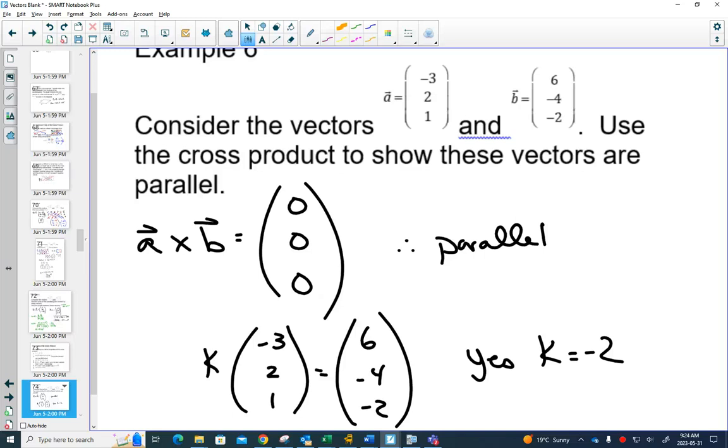Therefore, they're parallel. So these are two methods of showing something's parallel. And now we have two methods to show that something's perpendicular. We can either show it with the cross product, because that makes sure that they're perpendicular, or we can use the fact that the dot product is equal to 0.